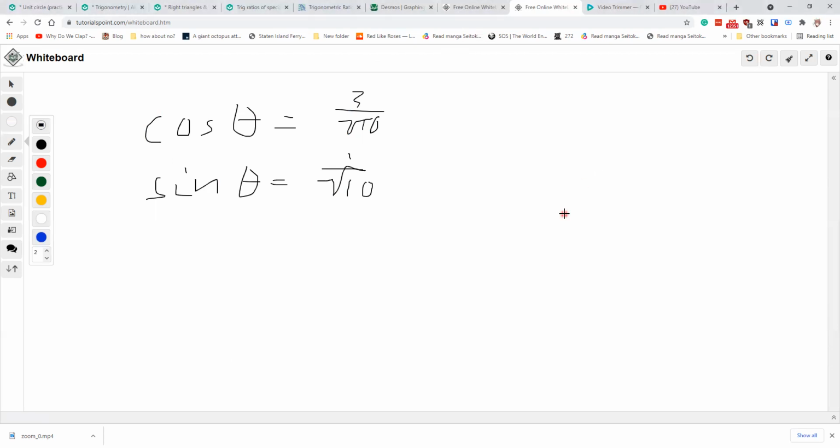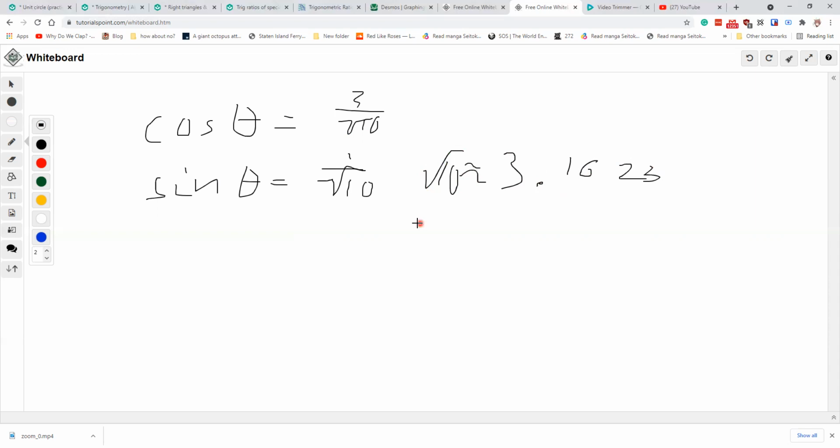A lot of people really do not like having these square roots in the denominator of a fraction. The reason is that back when we didn't have fancy calculators to calculate square roots, we basically just had to look up numbers in a table and find the decimal number. Root 10 is approximately 3.1623.